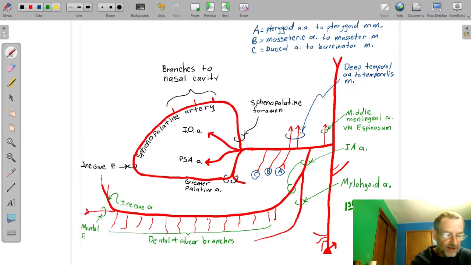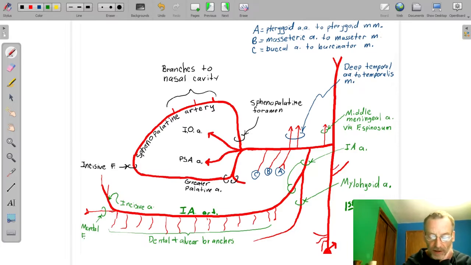So again, this is all IA, and it's an artery. No, we're not doing nerves. Inferior alveolar artery. And terminally, the mental and the incisive artery.